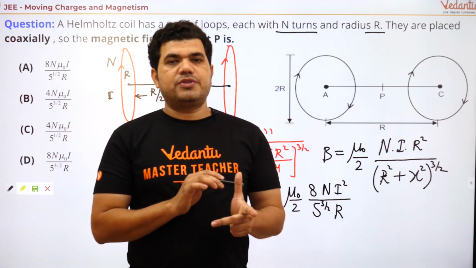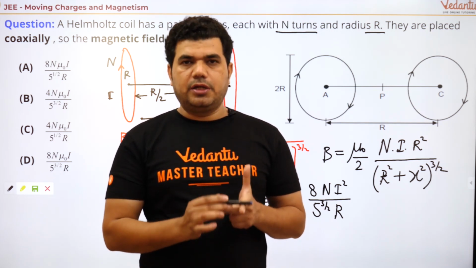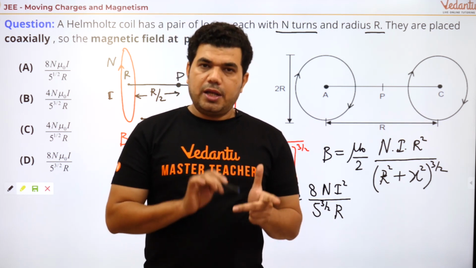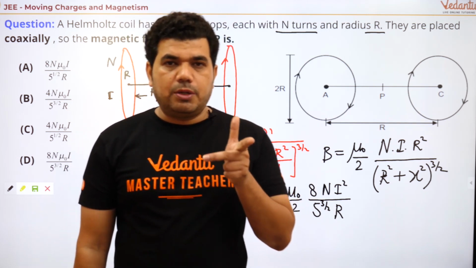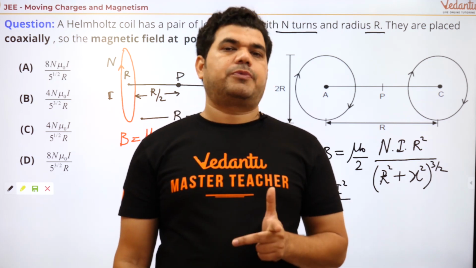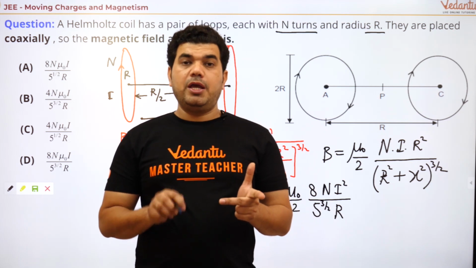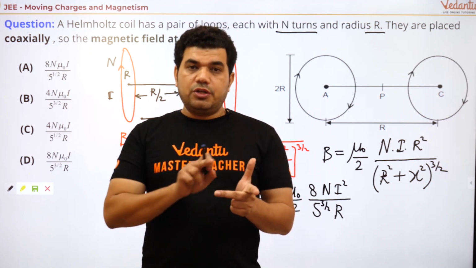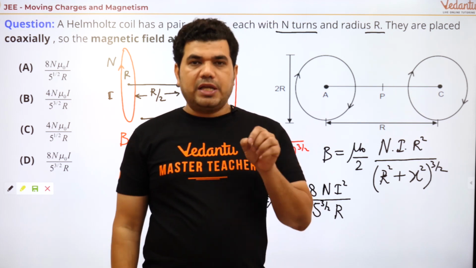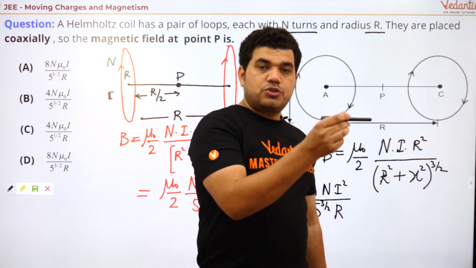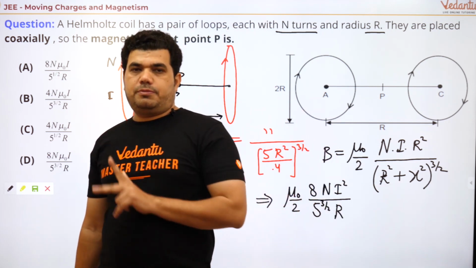F stands for force, B for magnetic field, I for current, the direction of current or the direction of the motion of positive charge, right? The movement of positive charge will be in this direction. If there is a negative charge, then you have to take the reverse of that movement. If a negative charge is moving like this, we have to consider that positive charge is moving like this.